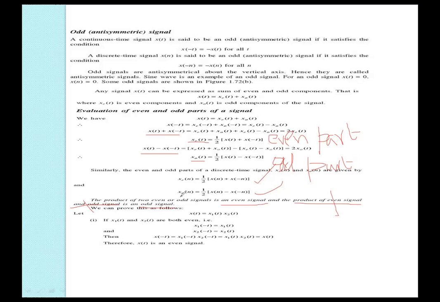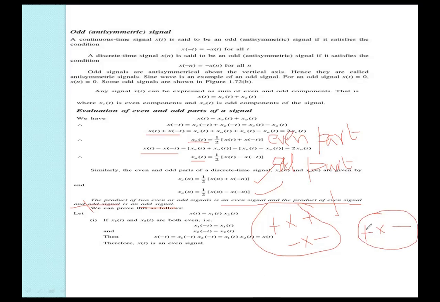Okay, and the two even or the two odd signals, plus into plus, minus into minus is also a plus. These two signals are even signals. Whenever it is a plus into minus, it is an odd signal.